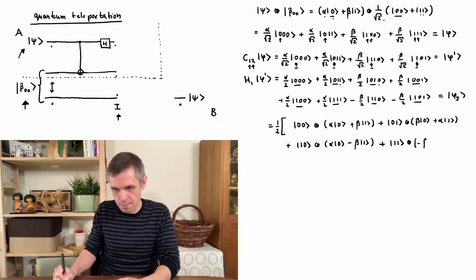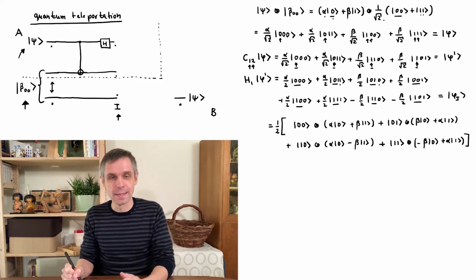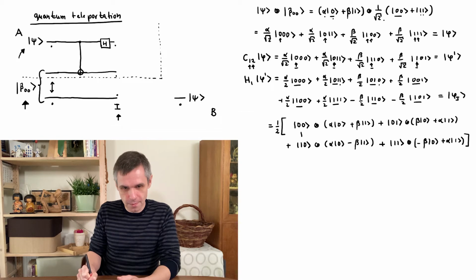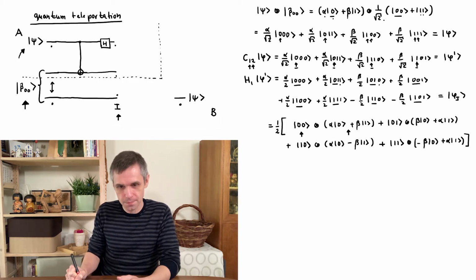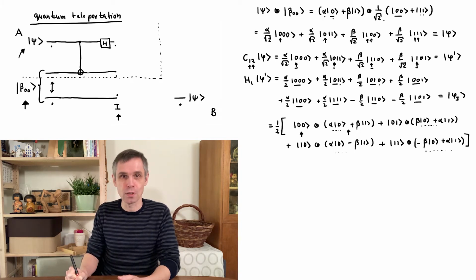Then Bob's quantum bit is in this state here. And now we see that there's a very distinct correlation between the state of Alice's quantum bits and the state of Bob's quantum bit. And in all cases, the state of Bob's quantum bit involves the coefficients alpha beta that we had originally in our state psi.